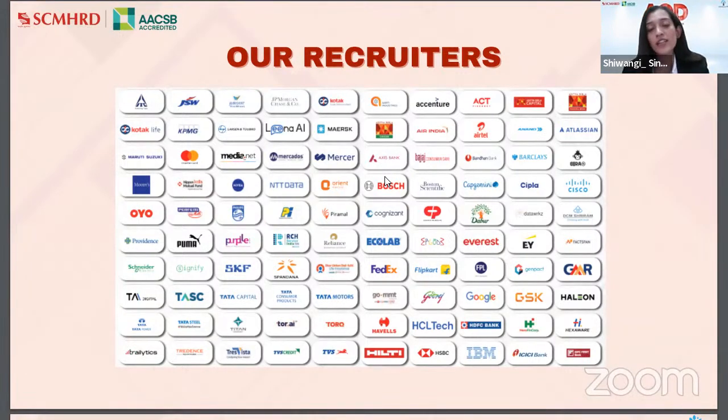So let me know, every one of you, do you see your dream companies on this particular slide? Do you see companies that you want to work with when you have completed your MBA? Do ping us in the chat and let me know, because I can see my dream company here, and I believe so do you. How many of you want to work for Google over here?